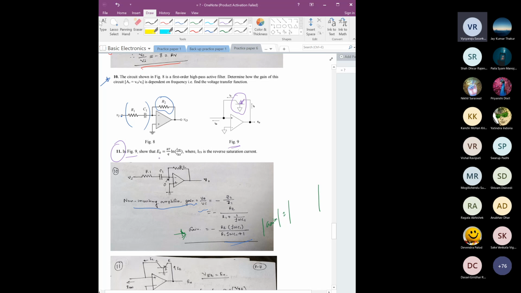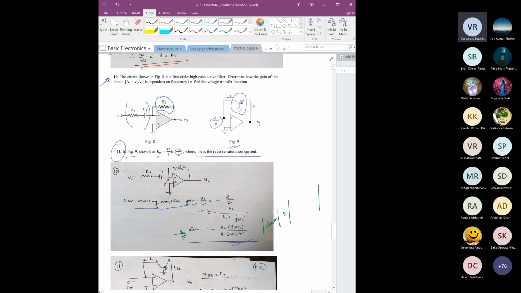And here you have to find this E naught, that means this output voltage, in terms of this KT by Q, ln of I in by IES. Here I can see IE, so this should be IES, where IES is the reverse saturation current.